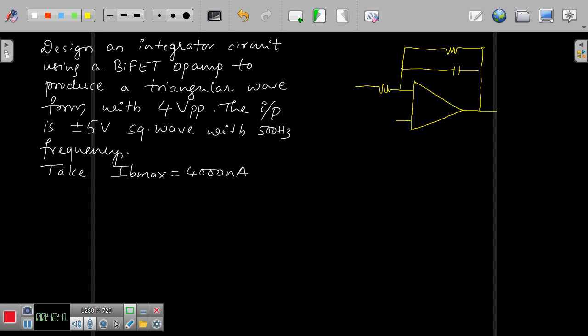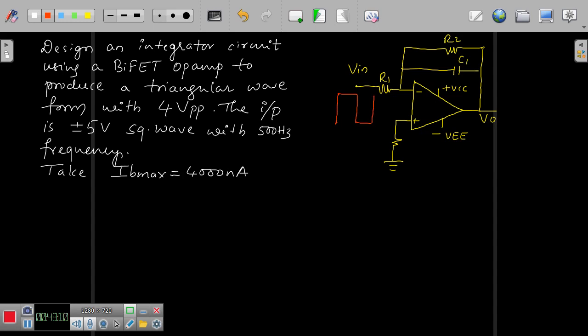That's all. I have got one more resistance here. This is minus plus, this is plus VCC minus VEE, and this is your V0. This is R1, this is R2, this is C1. So this is your input, which is a square wave.